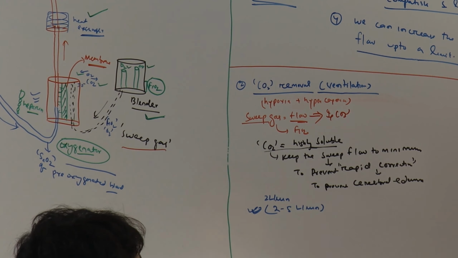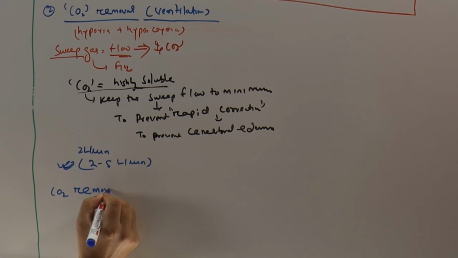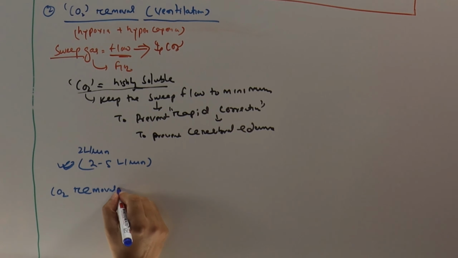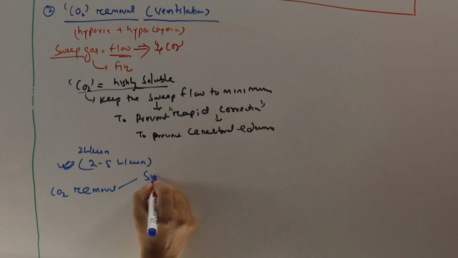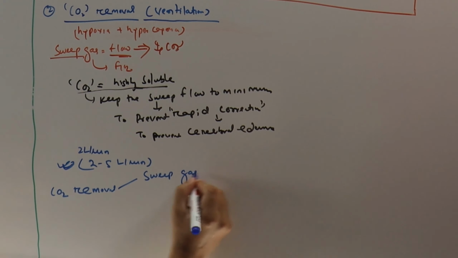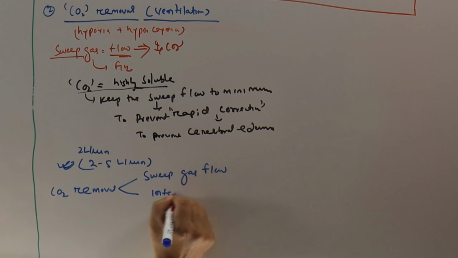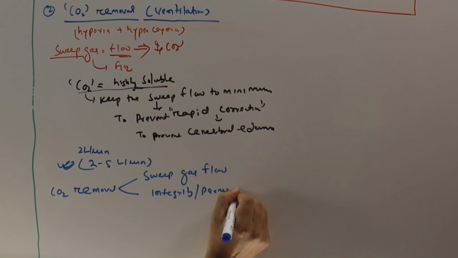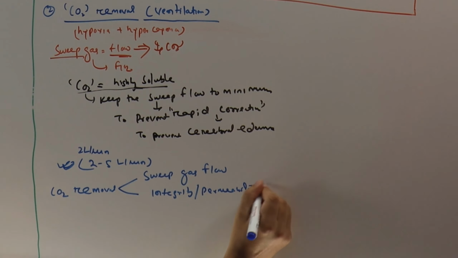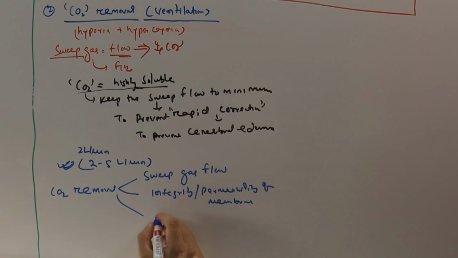So what does carbon dioxide removal depend upon? It depends upon 3 things. Number 1 is the sweep gas flow. Number 2 is the integrity, again the integrity or the permeability of the membrane, and number 3 is blood flow.